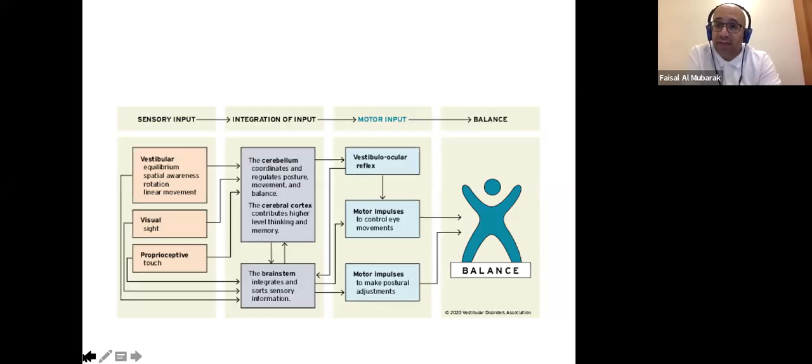The other output is the VSR. I'm sorry, the VSR is the vestibulospinal reflex. And the vestibulospinal reflex basically is the ability of our muscles to maintain extension so the body posture can be maintained. Now, when we are standing, we have to assure posture, stability.